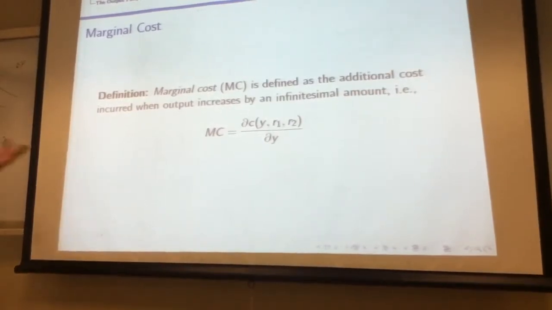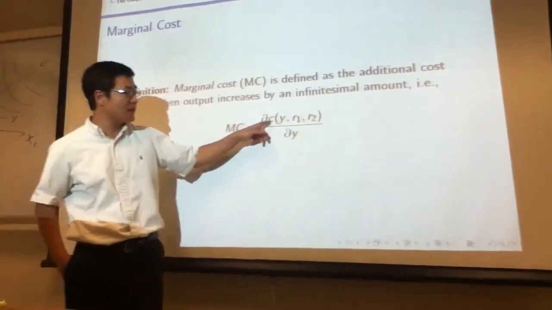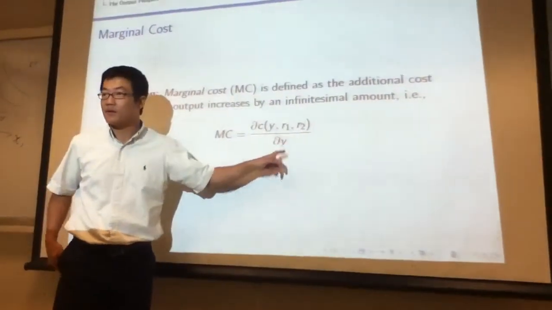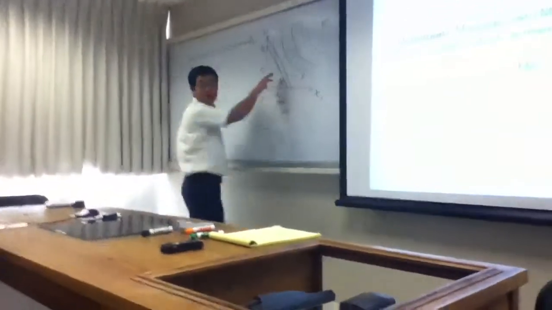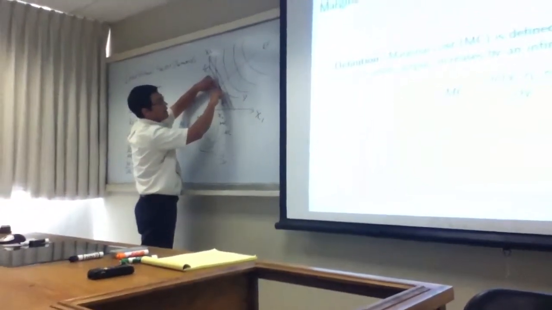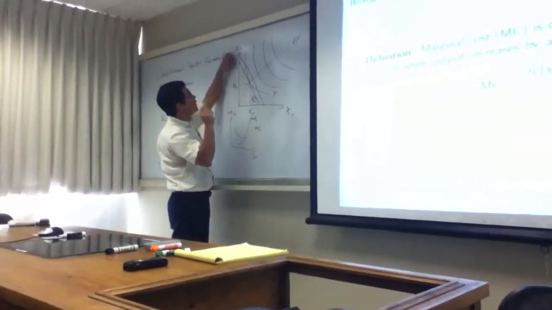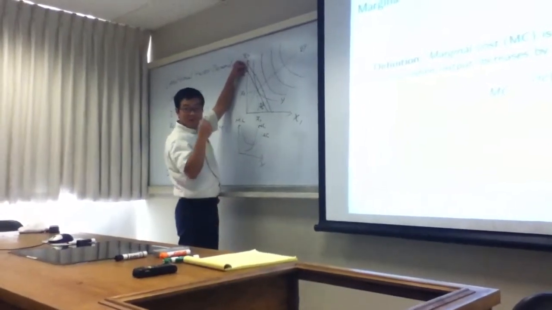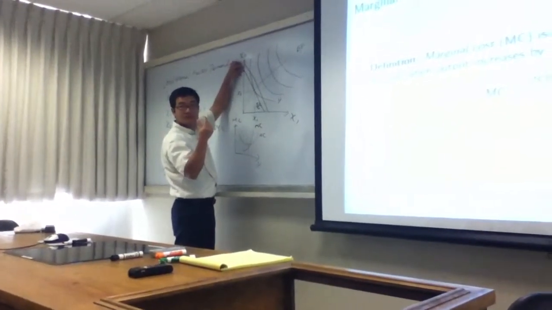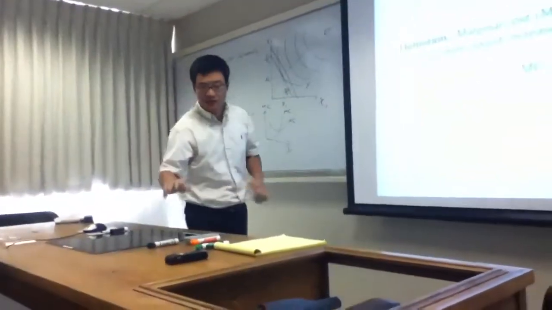And here again, I mean the minimal cost. So marginal cost is the partial derivative of this C, the minimal cost, with respect to Y. On this graph, essentially what that means is, if I increase my output target by an infinitesimal amount, how much will my minimal cost increase? That's marginal cost. That's a little bit abstract.